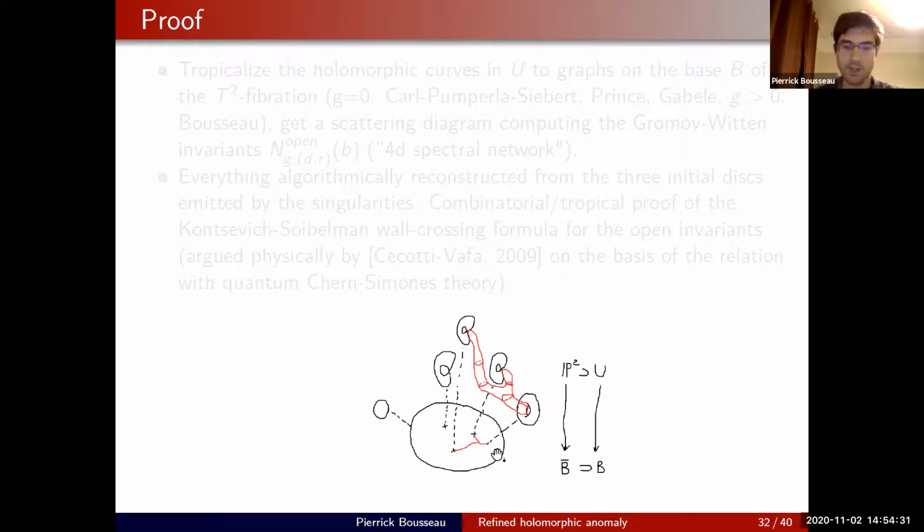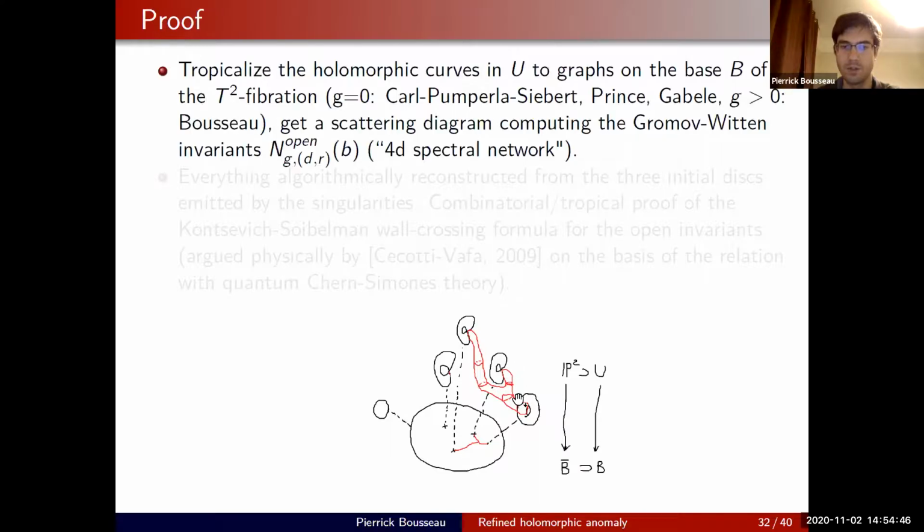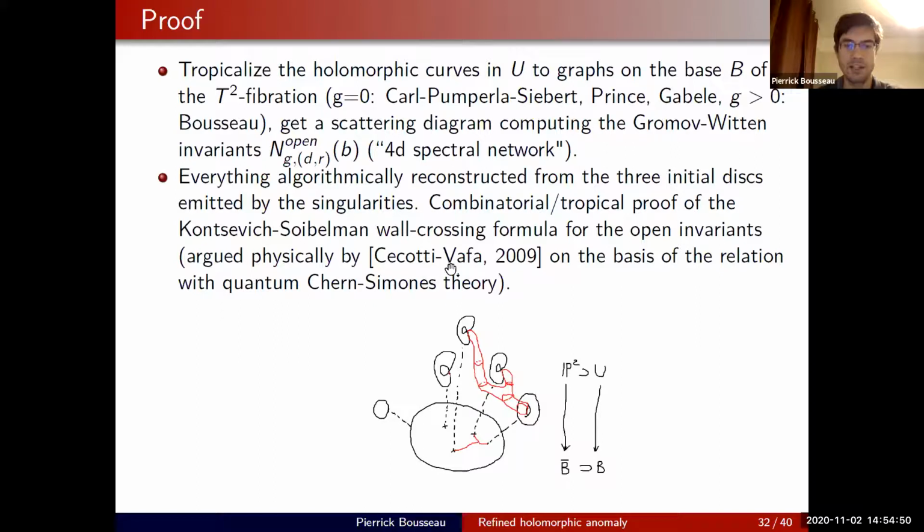And now the question is, how do you get numbers out from such a tree picture? And the claim is that this combination of holomorphic disks to construct more complicated curves is governed by the Kontsevich-Soibelman wall crossing formula. And this is exactly what Cecotti and Vafa argued in their paper. And the way they argue it is using the connection between open topological string and quantum Chern-Simons.